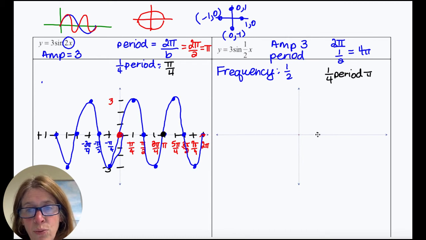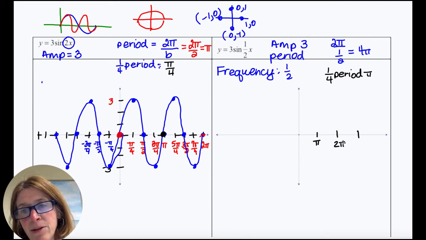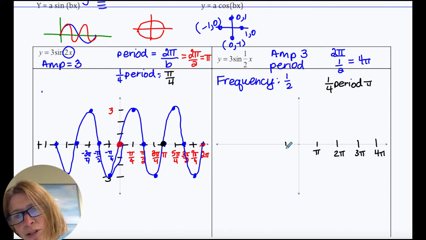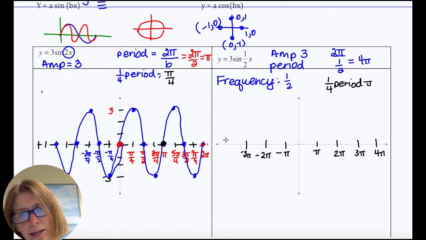So I'm going to do 1 pi, 2 pi, 3 pi, and 4 pi. And then on the other side, we're going to do our negative values. So -pi, -2 pi, -3 pi, and -4 pi.